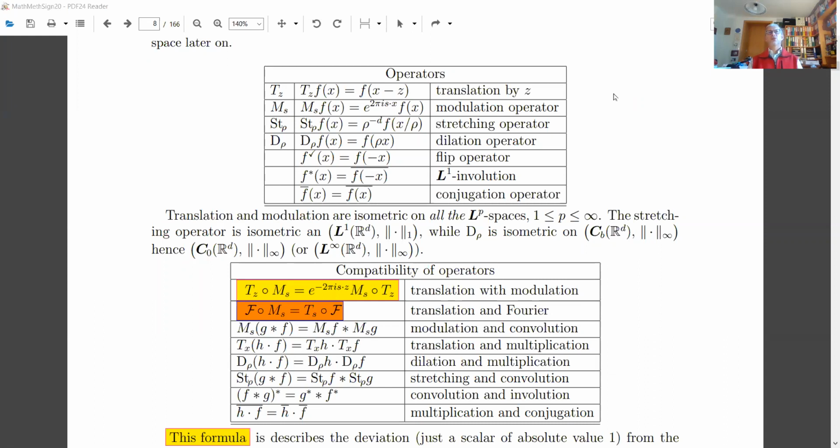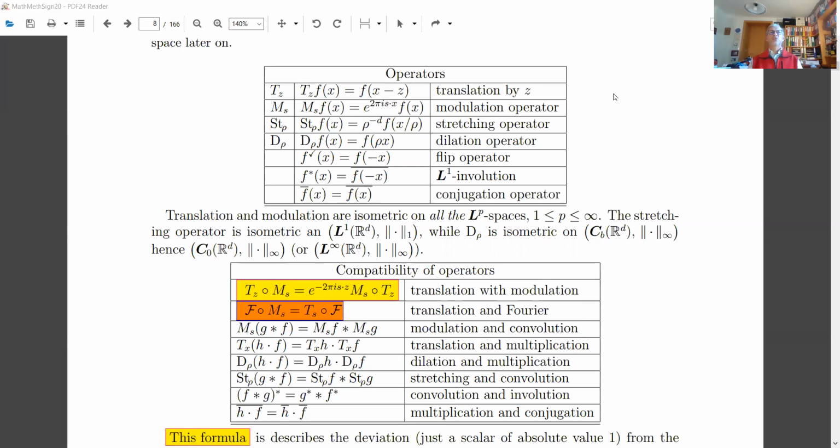So a modulation operator is, practically speaking, a pointwise multiplication with a pure frequency, and s is the frequency parameter. s equal 3 means 3 full oscillations per unit interval, but it's also a frequency shift operator.